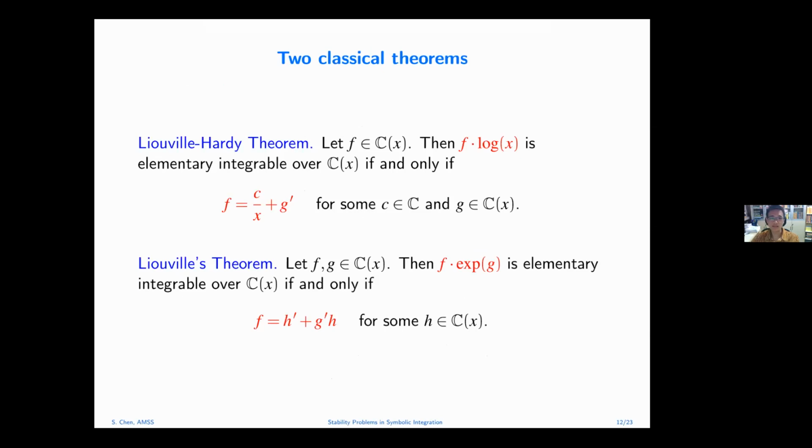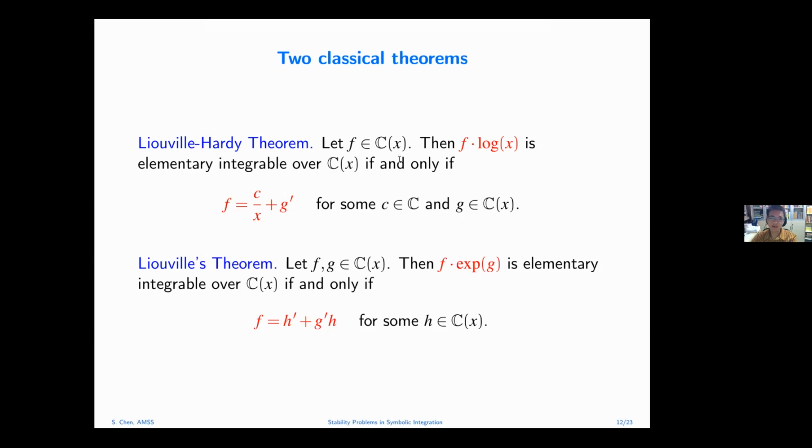There are two classical theorems here. One of the theorems is due to Liouville, but is also presented and explained in Hardy's book. Hardy wrote a book on elementary integration, and I think it's a very nice book. I forget, it's 1916, almost 100 years ago.